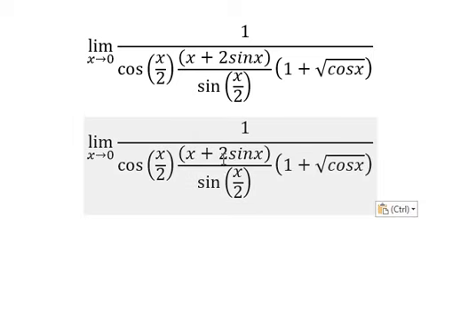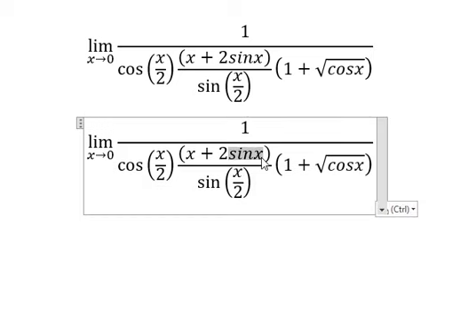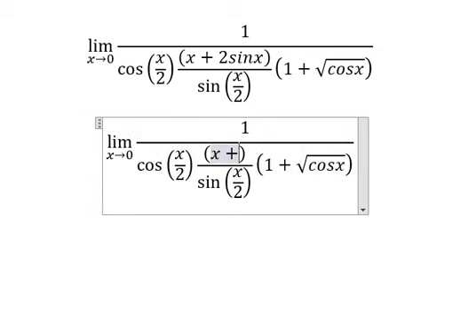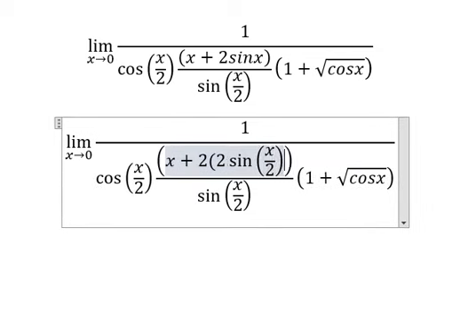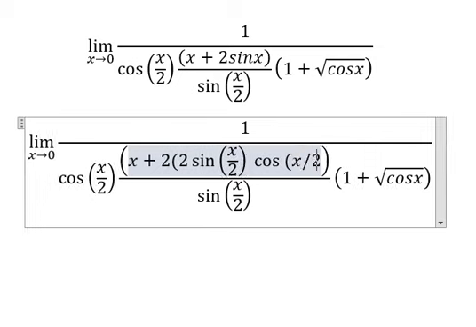Now, about this one, we have sine of x, we transform into 2 sine of x over 2, cosine of x over 2.